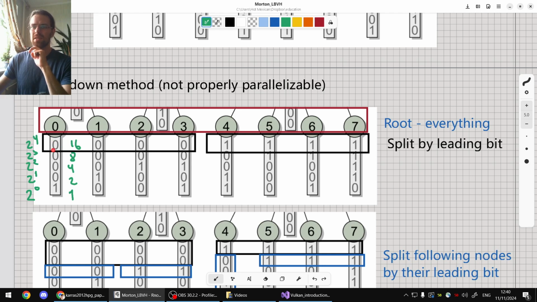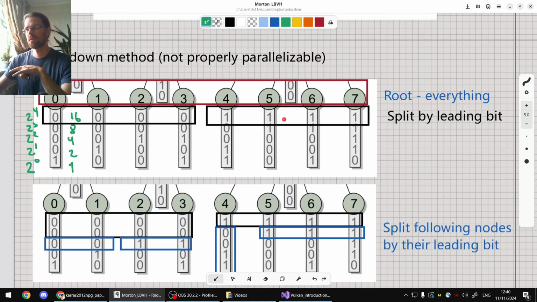This first bit represents whether the number is larger than 16, and it splits into one node and the other half.